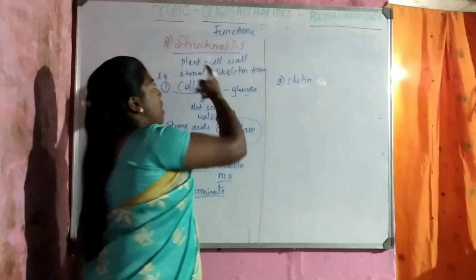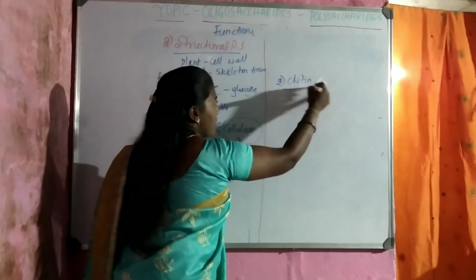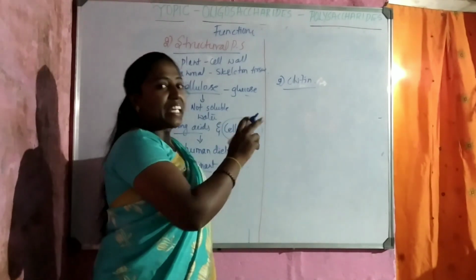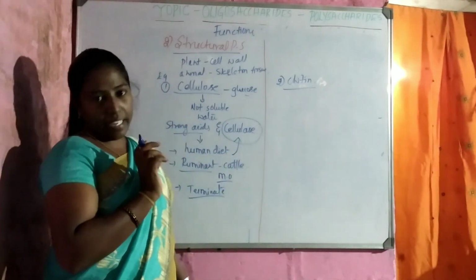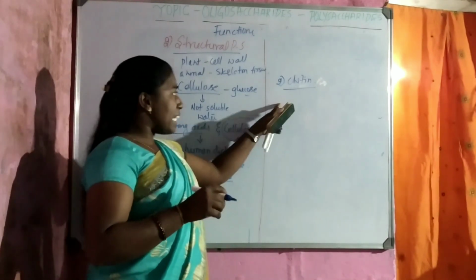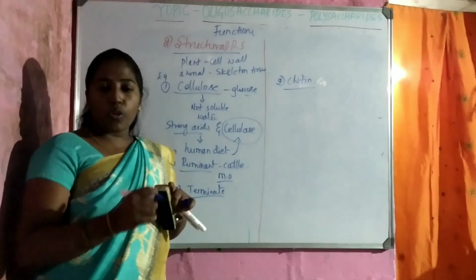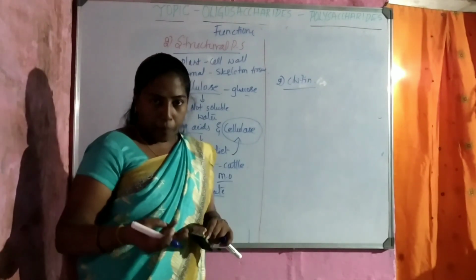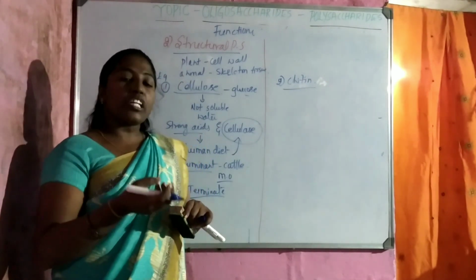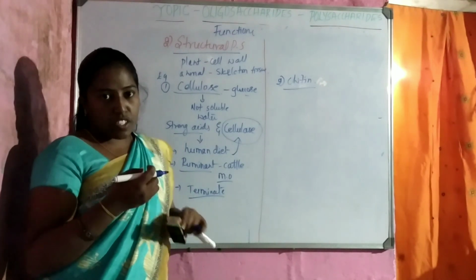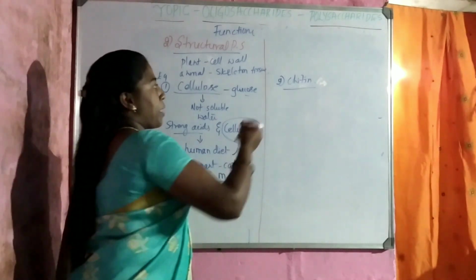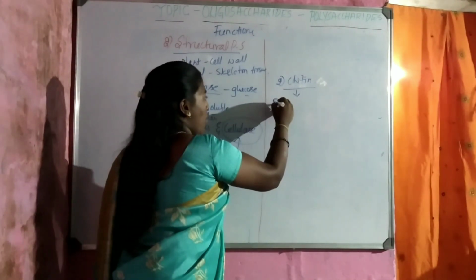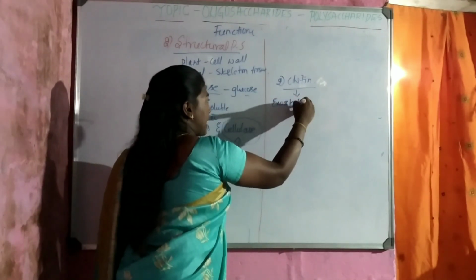The next structural polysaccharide is chitin. As we saw, it is made up of N-acetyl glucosamine. This chitin is helpful in the formation of the exoskeleton of crab and prawn, and in fungi, the cell wall is also made of chitin.